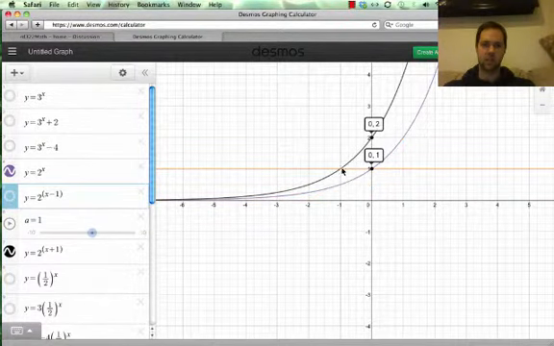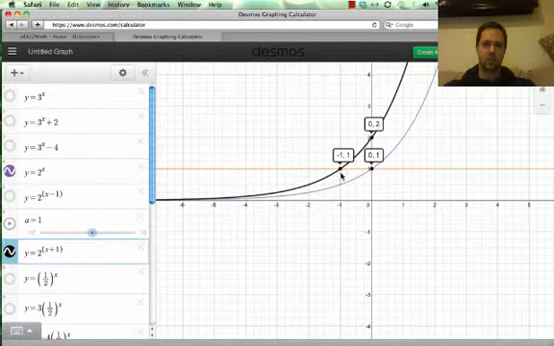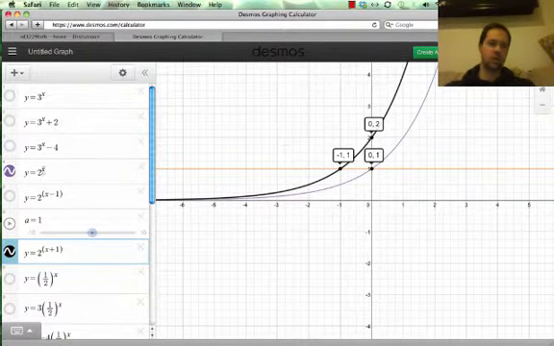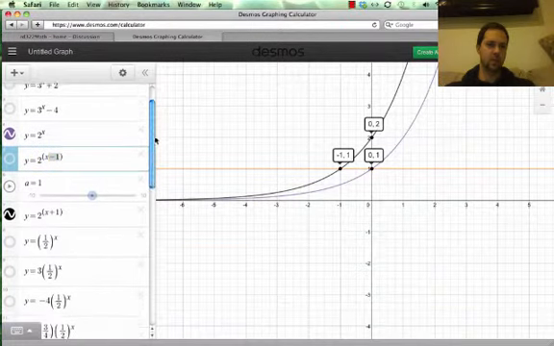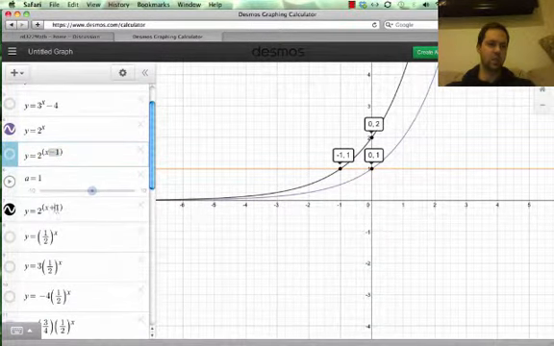And you notice that we now have this value where, instead of x being 0 where y is 1, our x value is negative 1. So it's been shifted 1 unit to the left. Here we shifted 1 unit to the right, and down here we shifted 1 unit to the left.